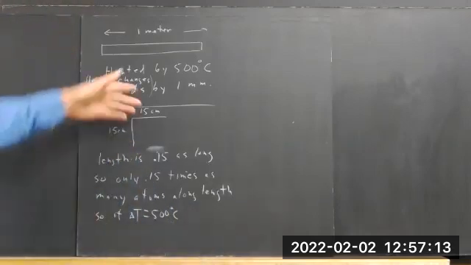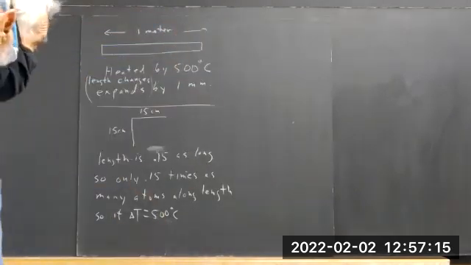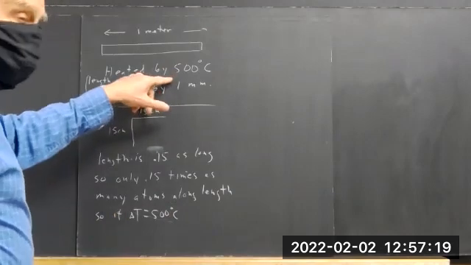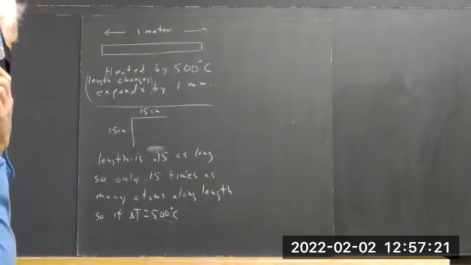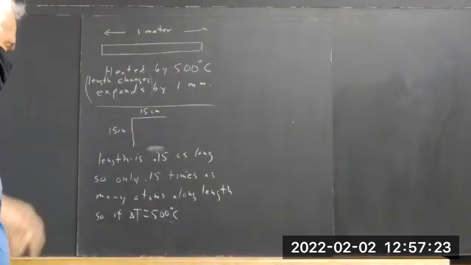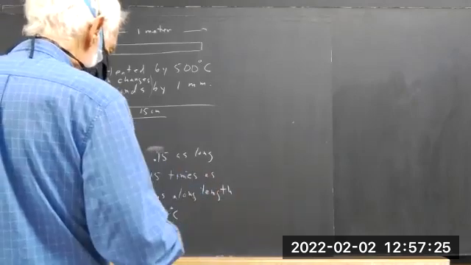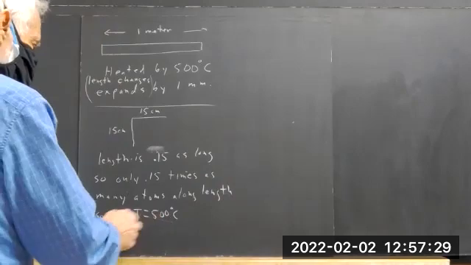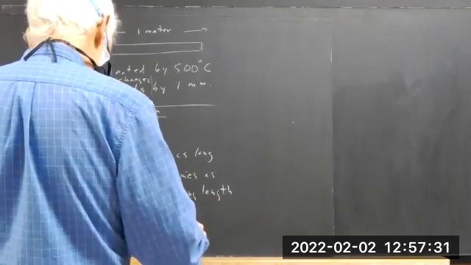Of delta T, which is of course the 500 degrees in this case. Well, the delta T is 500 degrees, which is one way to represent that change in temperature, using terminology a bit carelessly, but delta T is 500 Celsius.